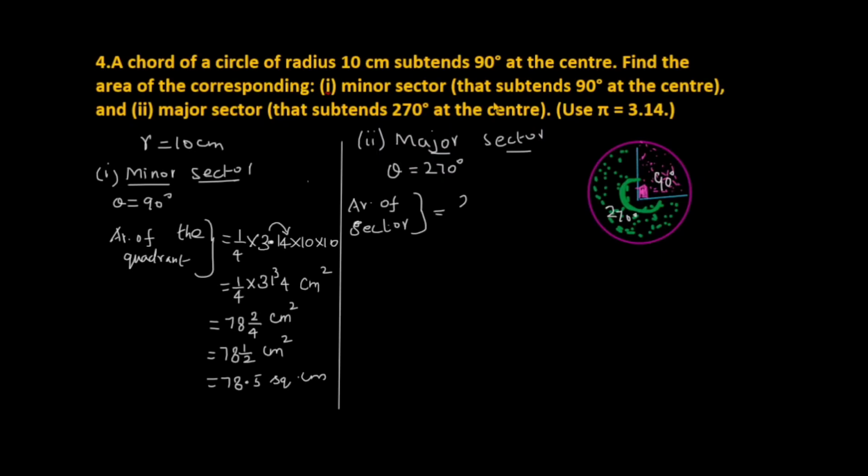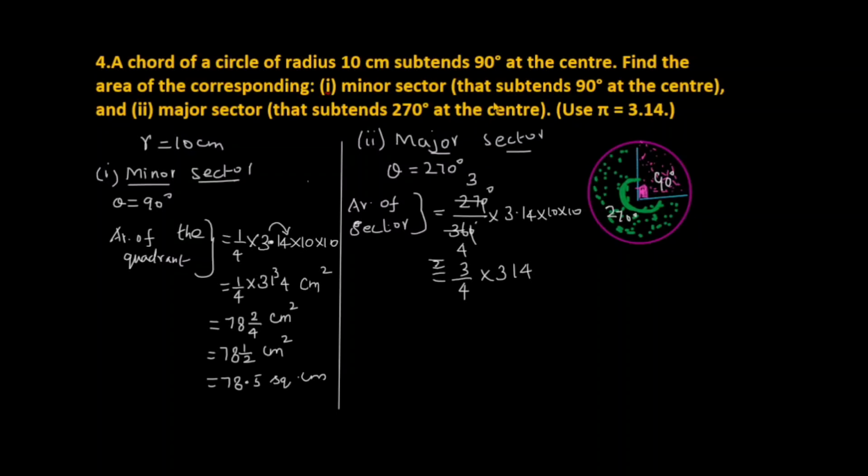Here area of sector is 270 degree divided by 360 degree into 3.14 into 10 into 10. So 0, 0 cancel, 9 table, 9 3s are 27, 9 4s are 36. Now 3 by 4 into 314.